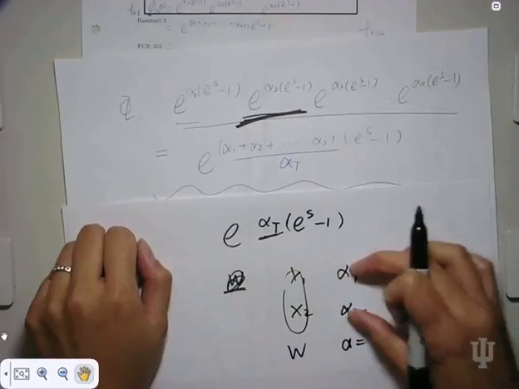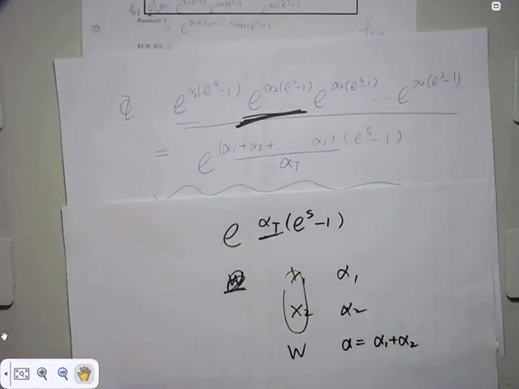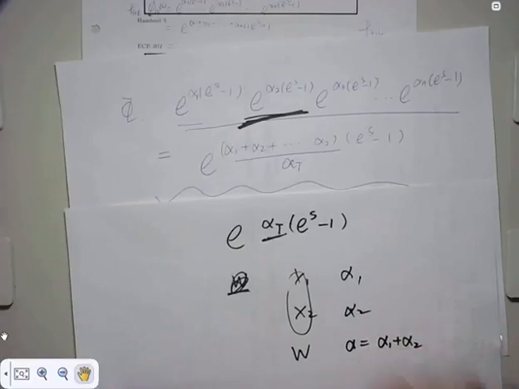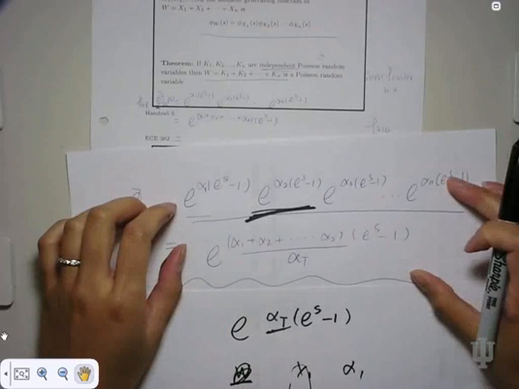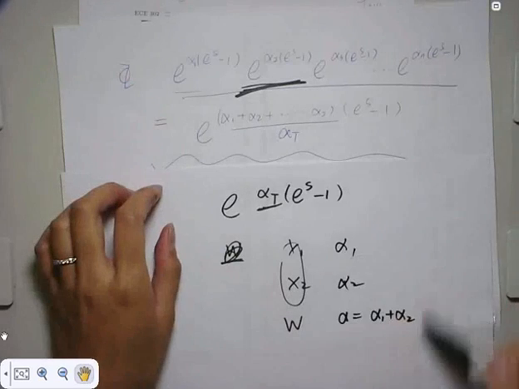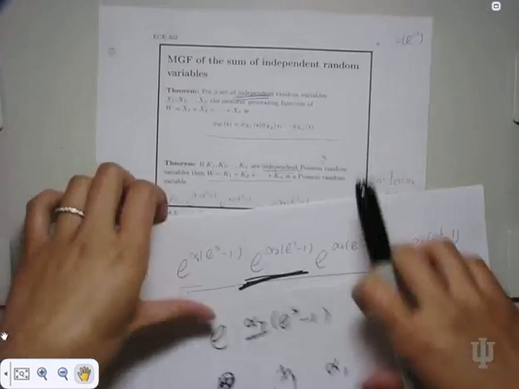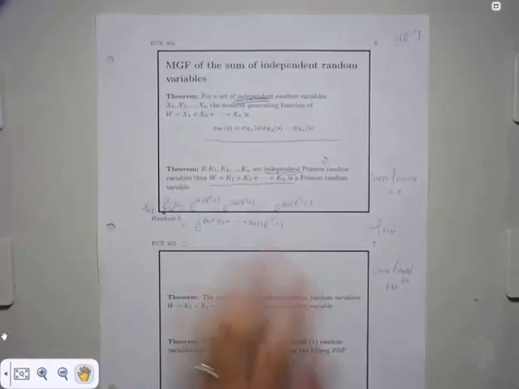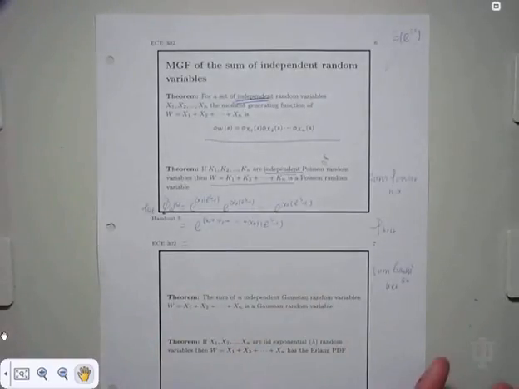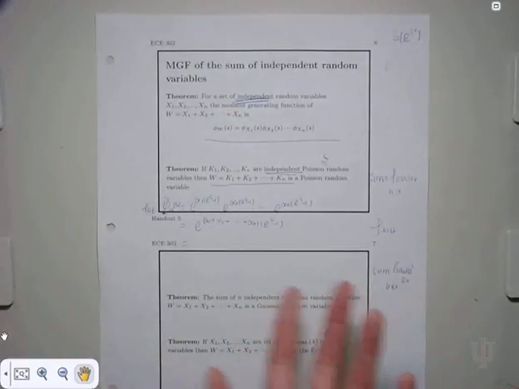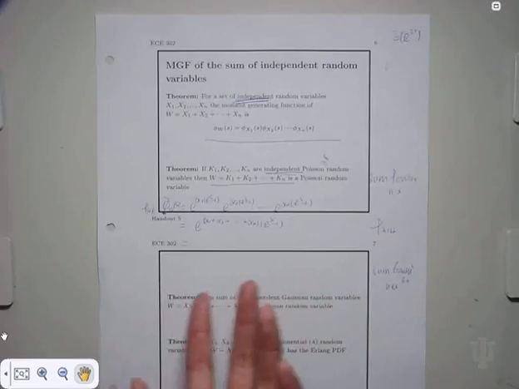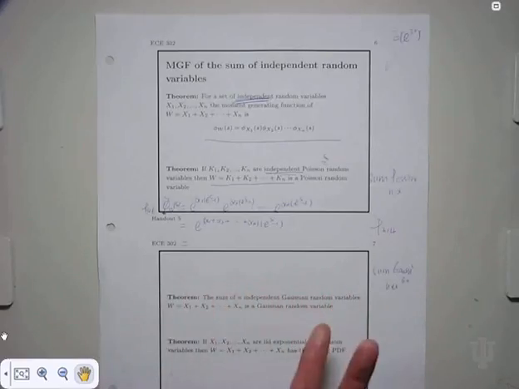Okay, it's very nice. So that is one usage of the moment generating function. You can use it to directly see this property, but there are many different ways to prove it, and it's not required for this class. But you have to know that if several Poisson random variables are independent, then the sum of them is another Poisson random variable, and the parameter alpha is the sum of those alphas.